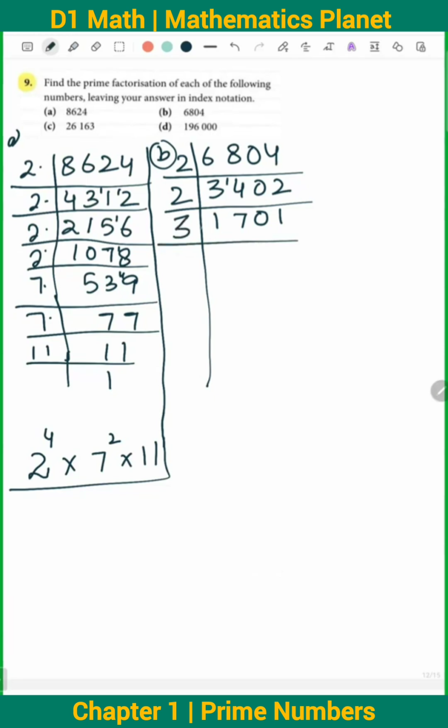3 times 5 is 15, 16, 17, 2 carry. 6 is 18, 19, 22 carry. 3 times 7 is 21.